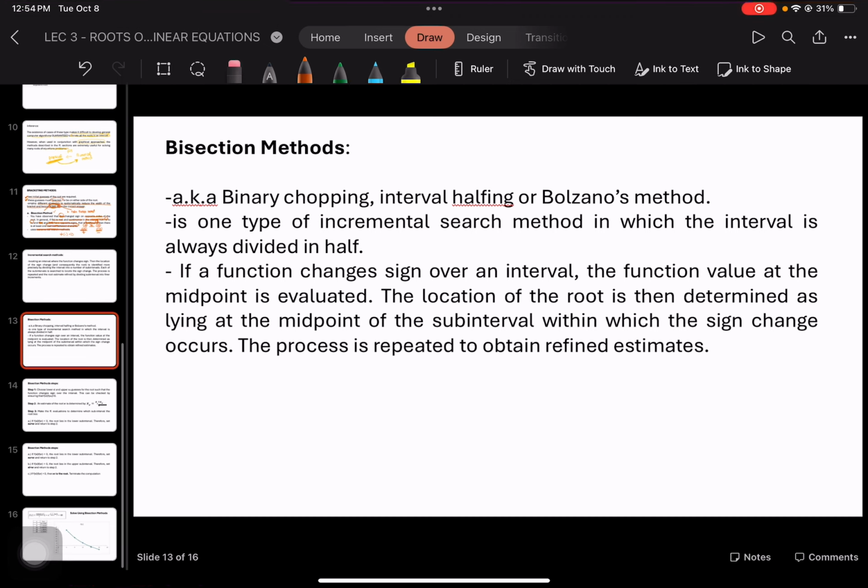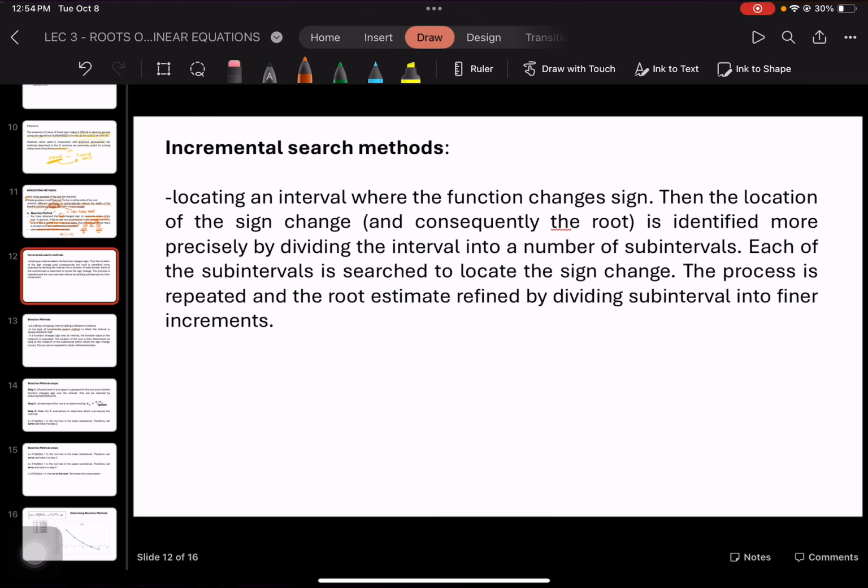Okay, so bisection method is also known as binary chopping, interval halving, or Bolzano's method. It is one type of incremental search method in which the interval is always divided in half. So ano nga ba yung incremental search method? So yan yung pag-locate kung saan, locating an interval kung saan nag-change ng sign yung function.